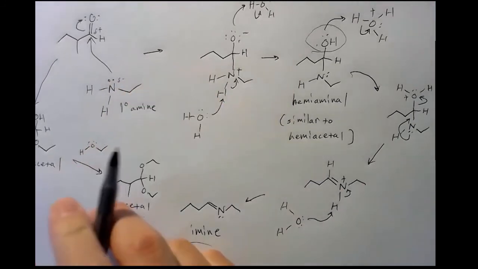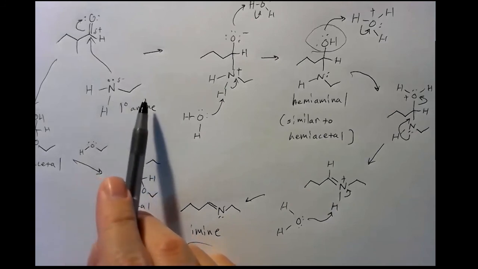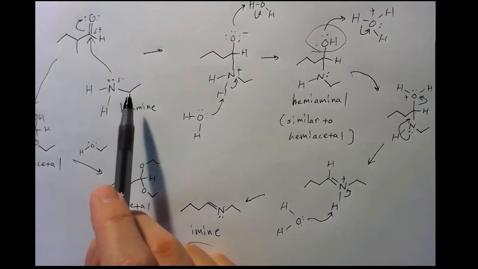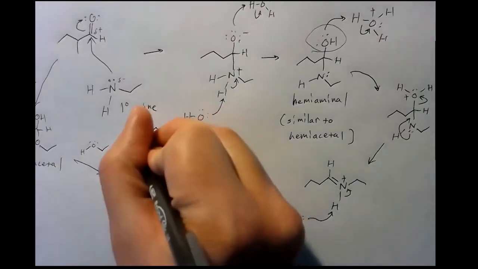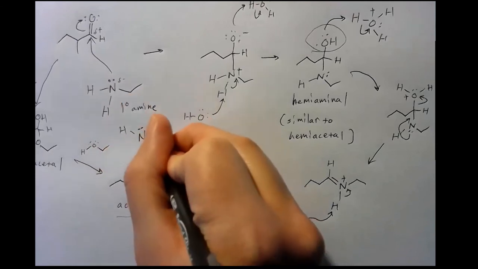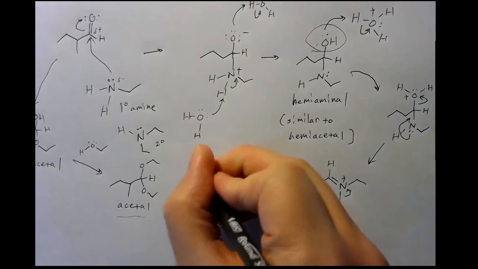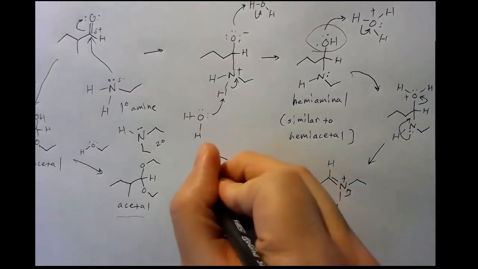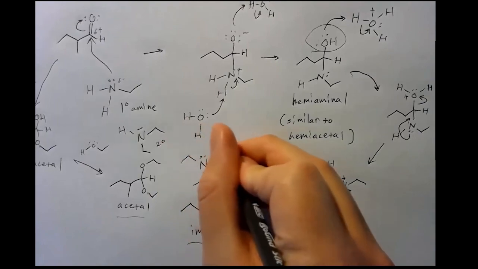Primary versus secondary and tertiary is defined for amines based on how many bonds they have to carbons. This has one bond to a carbon. This would be a secondary amine. It has two bonds to carbons. And you can have a tertiary amine, which would look like this.